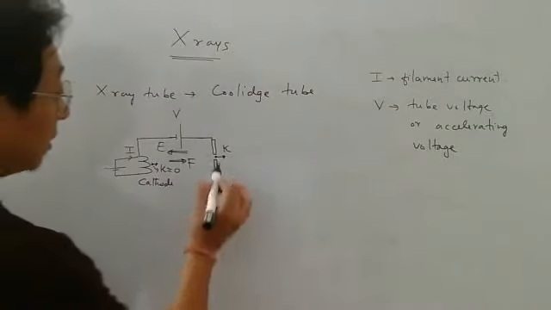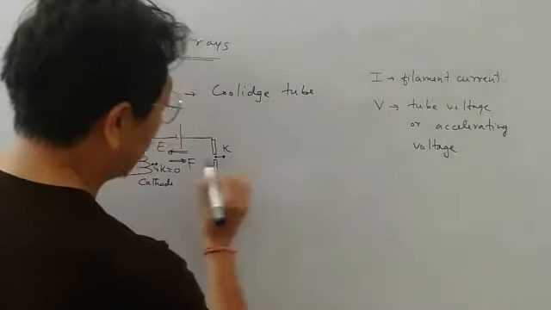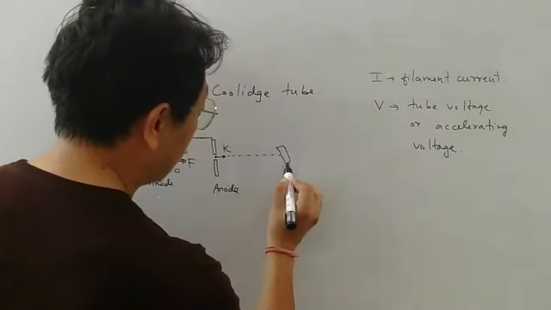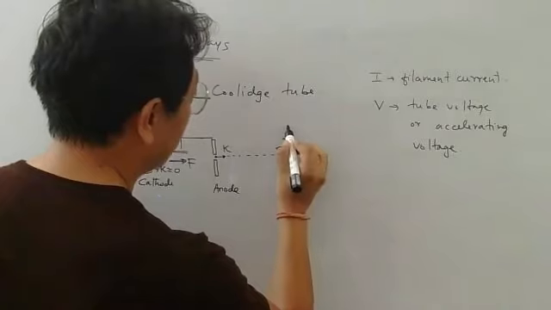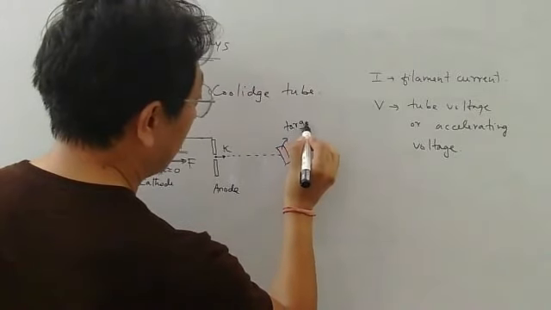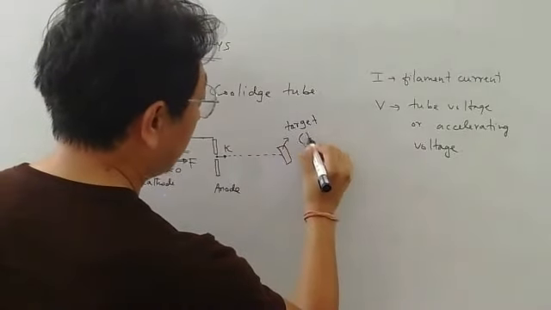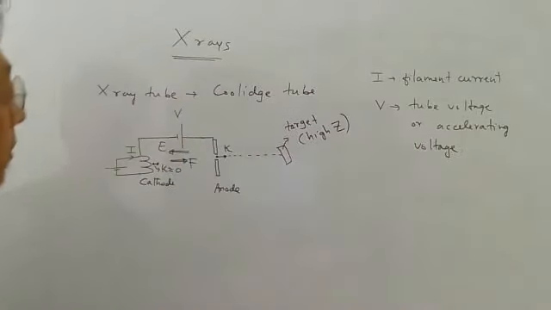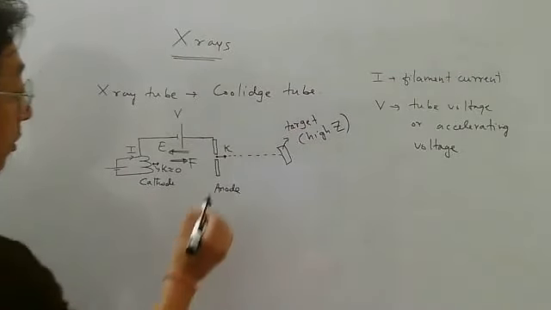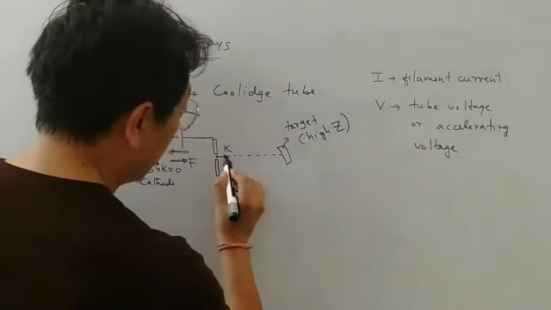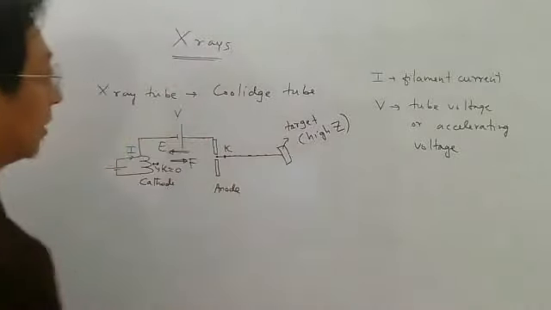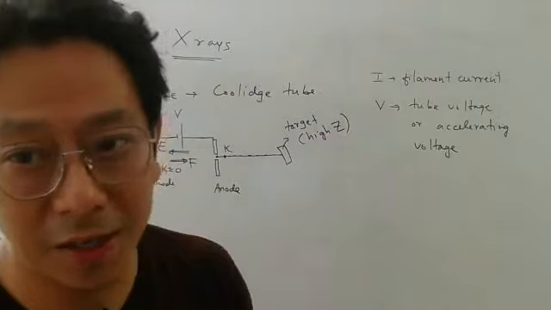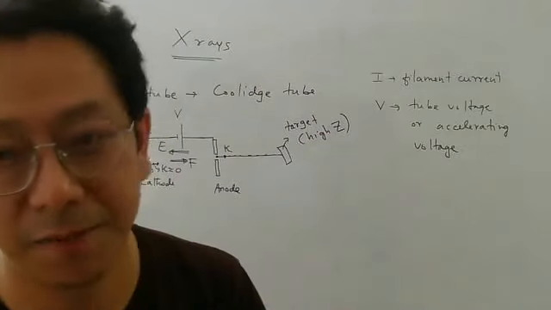Okay. Then these fast moving electrons will now be allowed to fall on a target. This is your target. This target should have high atomic number. Try to remember that. So as these electrons strike this target, this heavy metal, they will lose their kinetic energy. They will be stopped inside.